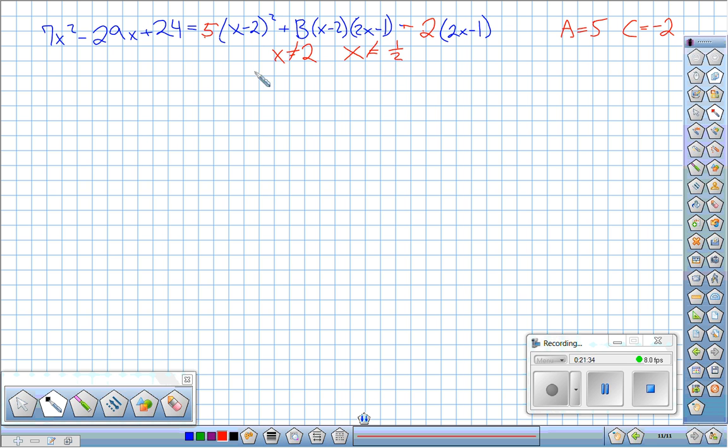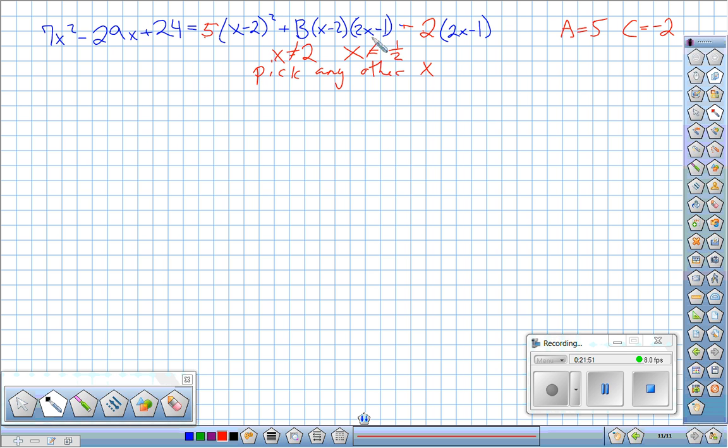I can pick any other x because I have my a and my c already, and I like really easy numbers. So 0 would seem to work out really nicely.